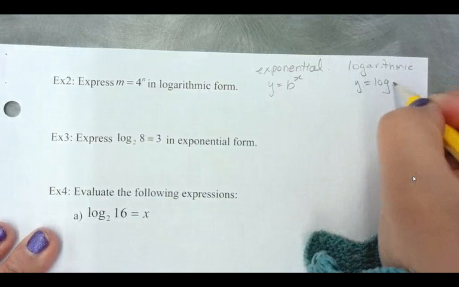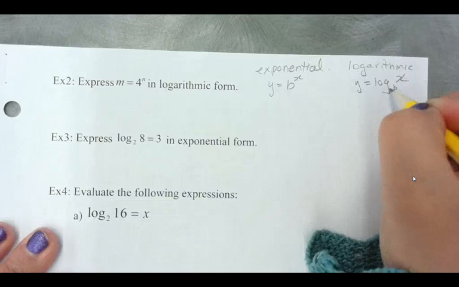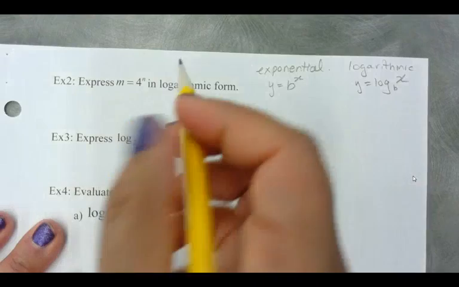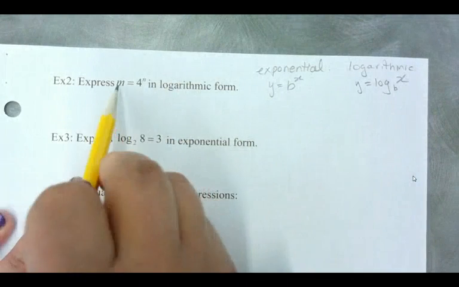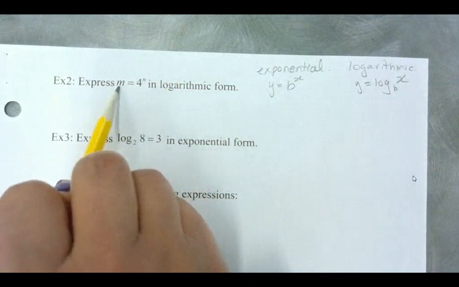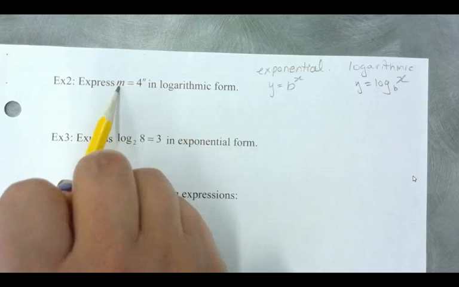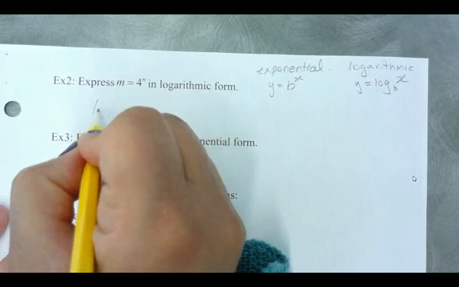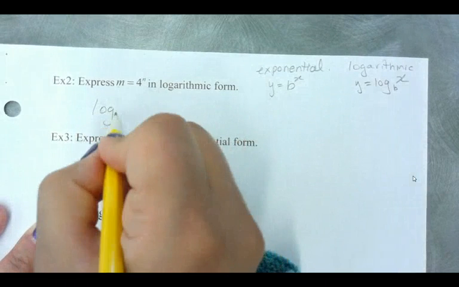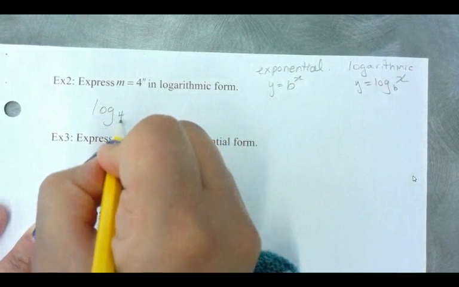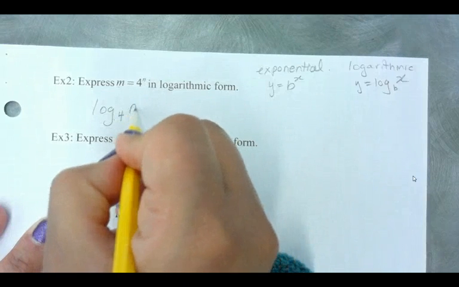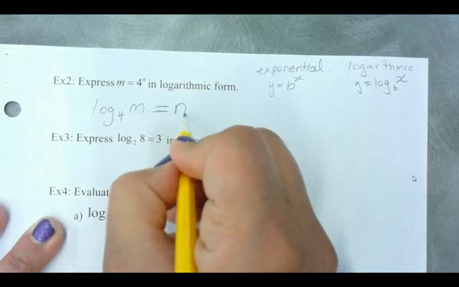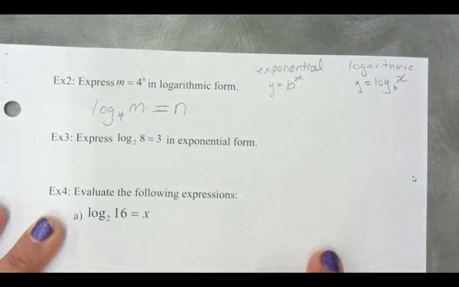We don't have to keep flipping pages back and forth. So we've got y equals log base b of x. So x is our argument there. What's our base here? 4. And then it's going to be log base 4 of the argument m, equals what? The exponent, so n.